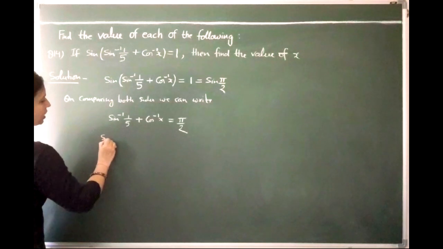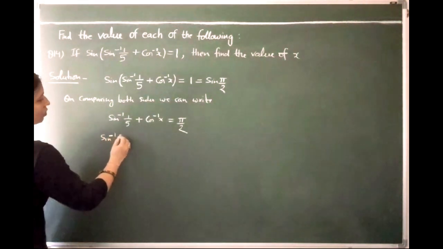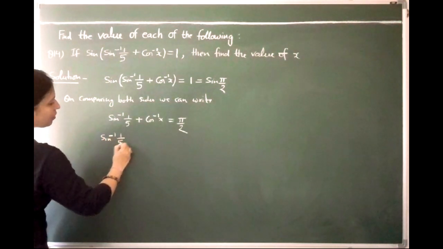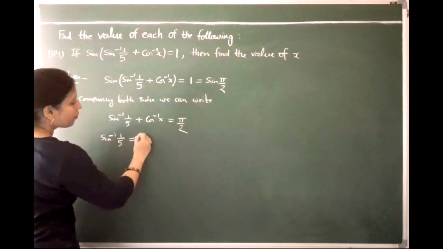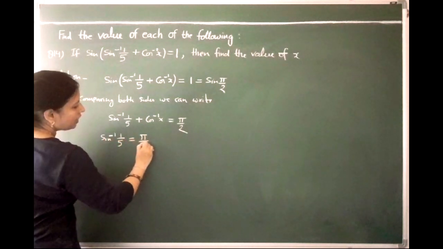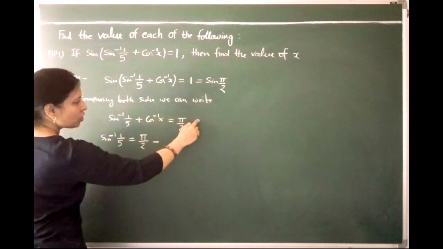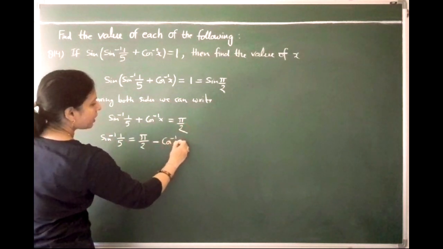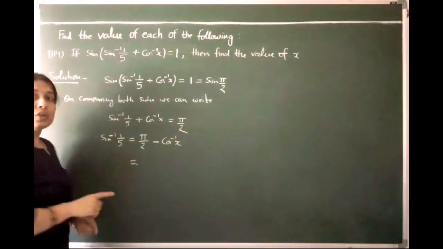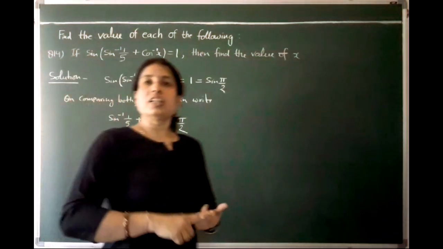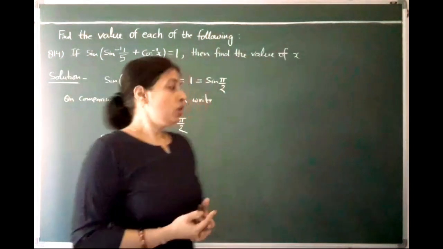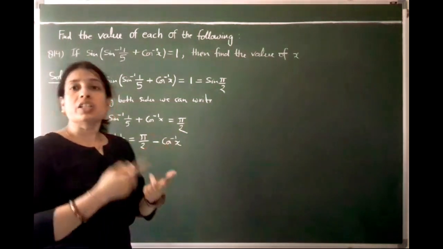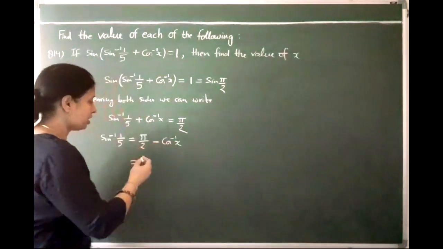Now we can write sin inverse 1 by 5 is equal to pi by 2 minus cos inverse x, के x को इस साइड ले जाएंगे, and we know that sin inverse x plus cos inverse x is equal to pi by 2. So pi by 2 minus cos inverse x will be sin inverse x.